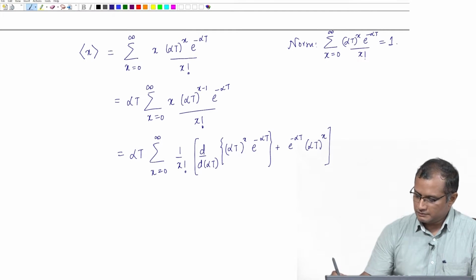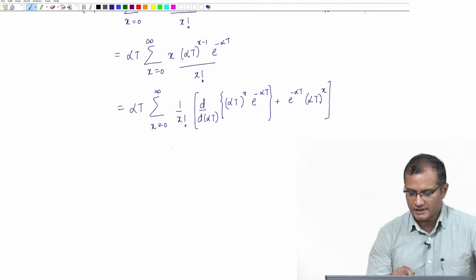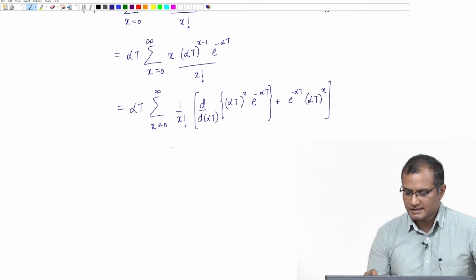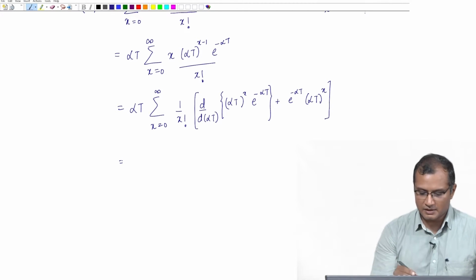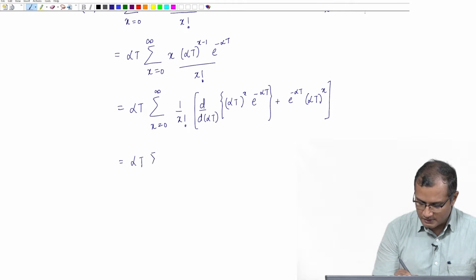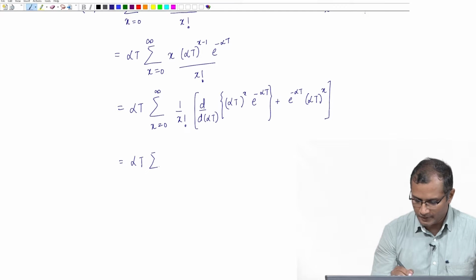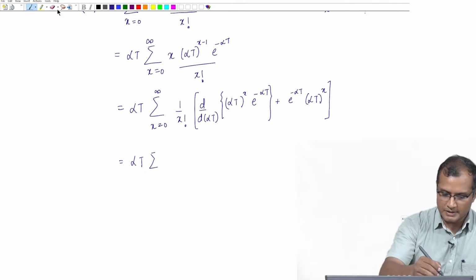Now, you can see that the summation going from 0 to infinity 1 by x factorial into the second term inside the square brace is nothing but 1, because that is the total probability. So, I will write it as alpha t into summation. So, what I am going to do here is basically just to rewrite the things.